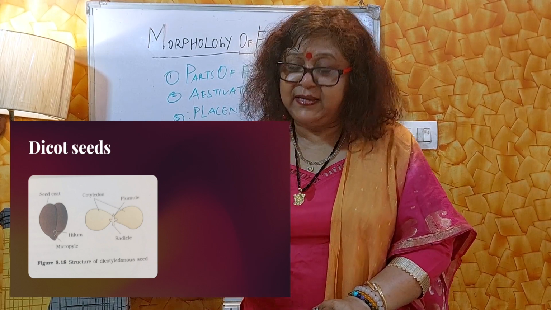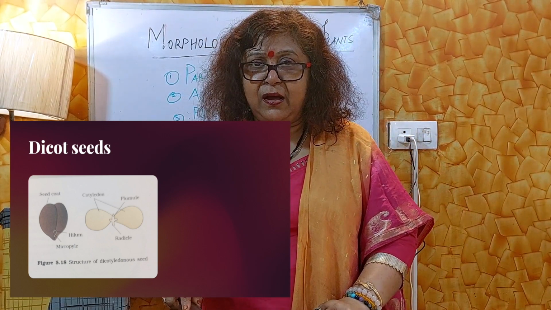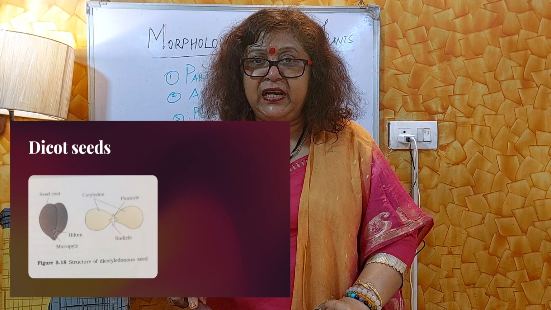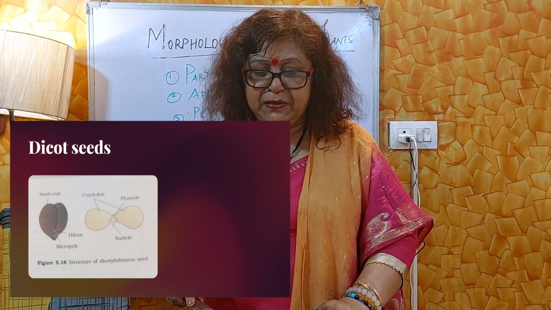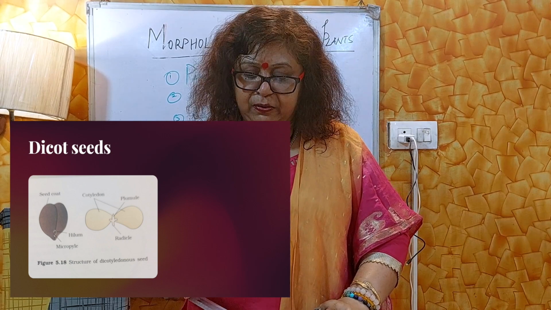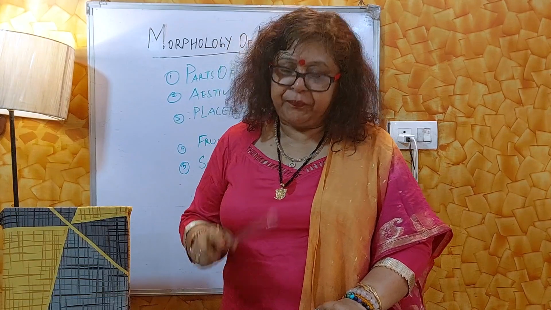In some seeds the testa and tegmen are fused. The seed coat encloses the embryo, which is differentiated into radicle, plumule and cotyledons. The radicle develops into the root, the plumule into the shoot, and the cotyledons serve as reserve food. That is this part.